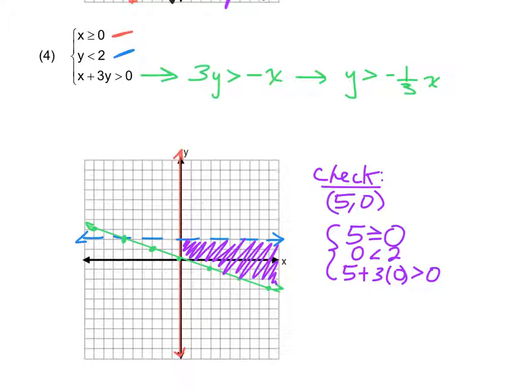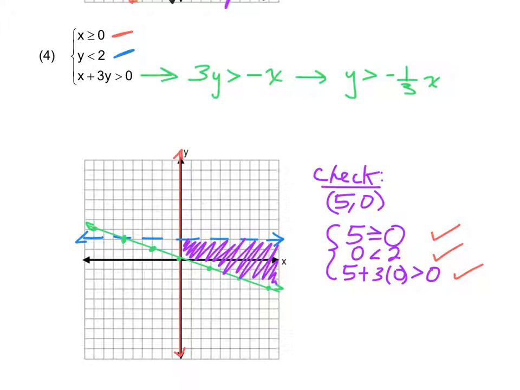Is my first sentence true? Yeah. 5 is greater than or equal to 0. Is 0 less than 2? Is 5 plus 3 times 0 greater than 0? Yeah. So it works for all three. So we are pretty satisfied that what we just came up with is correct. Now, if you thought maybe this triangular region was correct, then maybe choose a point that falls in there, like -1, 1, and see if that works.